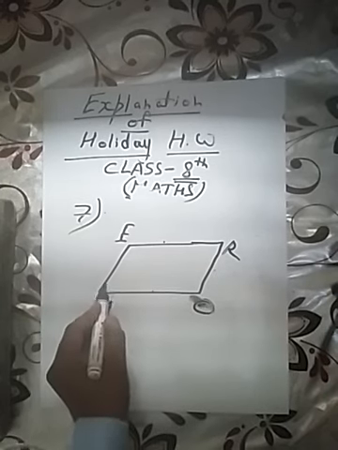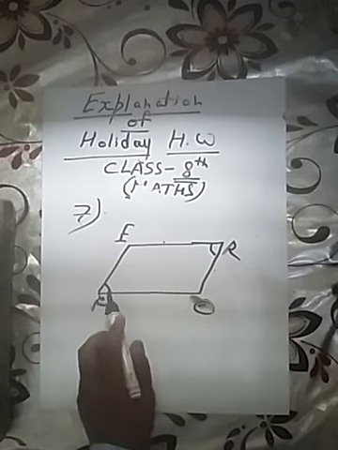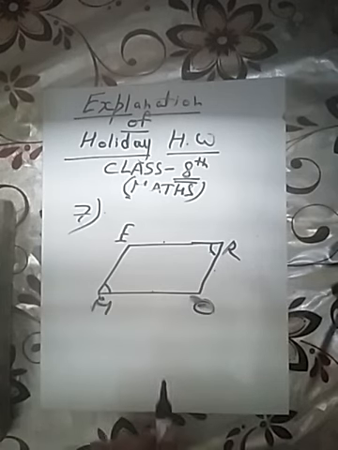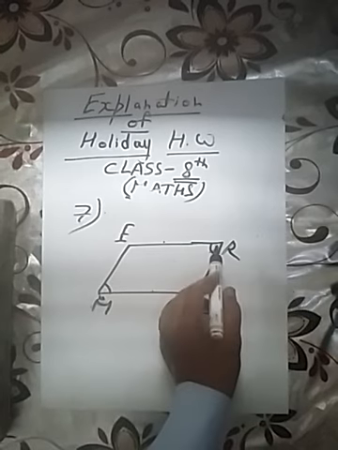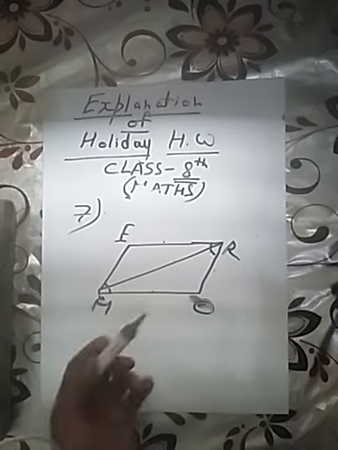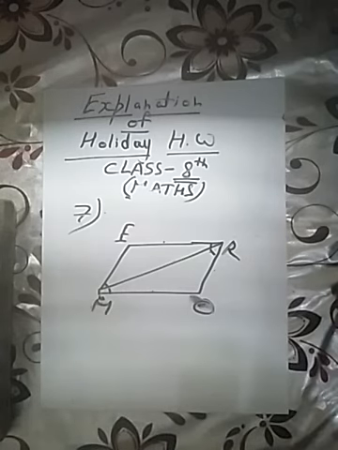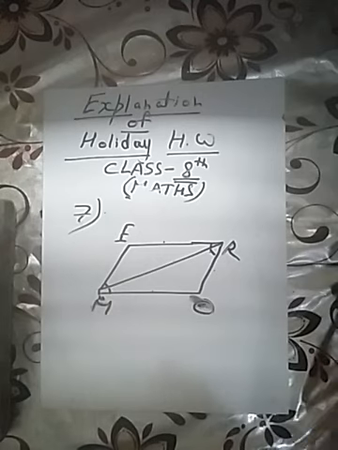Likewise, you have to measure the angles with a protractor, and you will find that the opposite angles are equal. Then you have to measure the diagonals and give the answer. Likewise, you have to do question numbers 8 and 9. Questions 7, 8, 9 are based on construction.